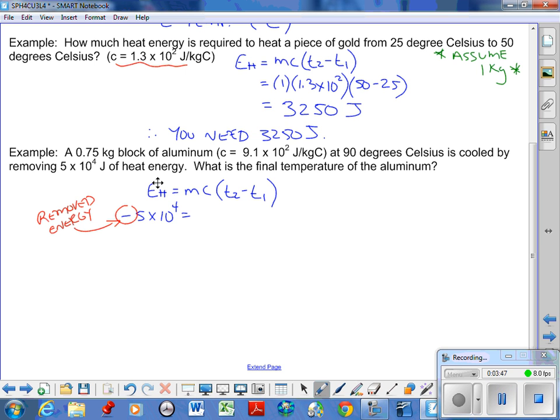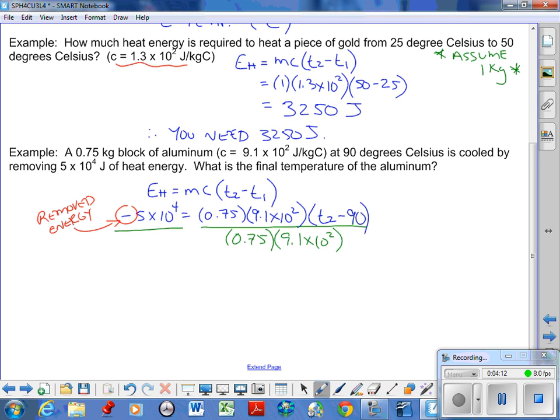Okay, 0.75 for mass. Specific heat capacity of the aluminum, higher than gold. We knew that the original temperature, again original is T1, was 90. So you have to solve for T2. You need to use your just grade 9 algebra skills here. Divide by 0.75, 9.1 times 10 squared. Do the same to both sides. This is kind of an upper end question for you with the algebraic manipulation.